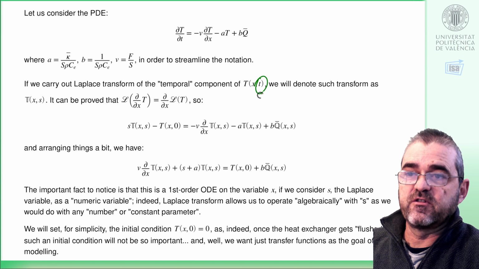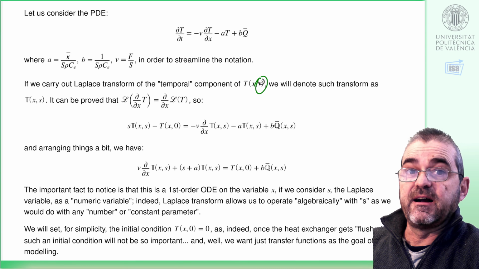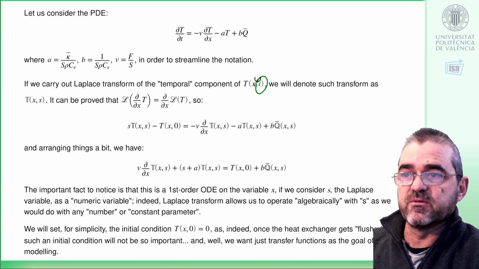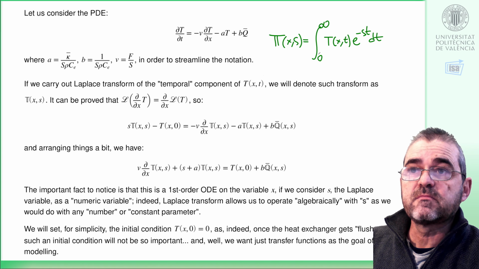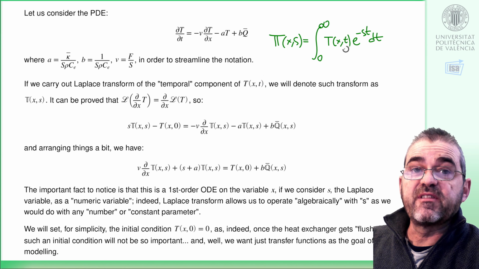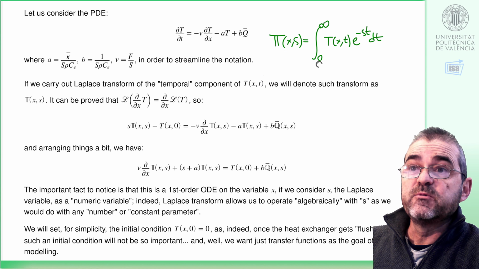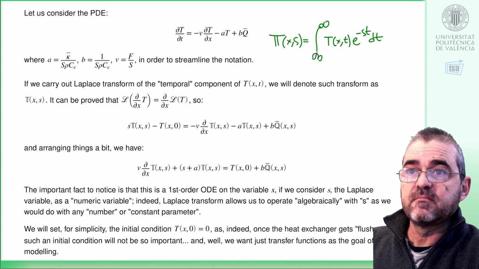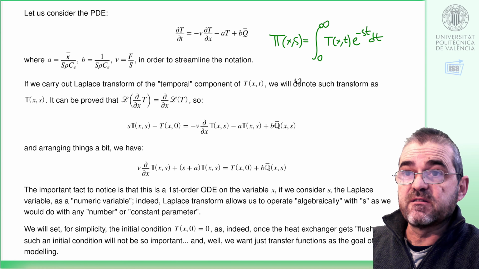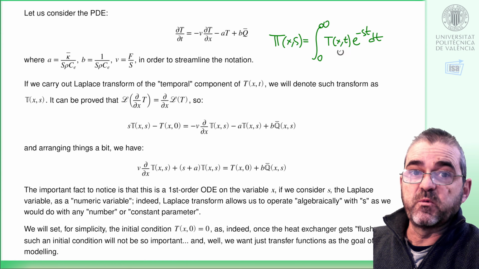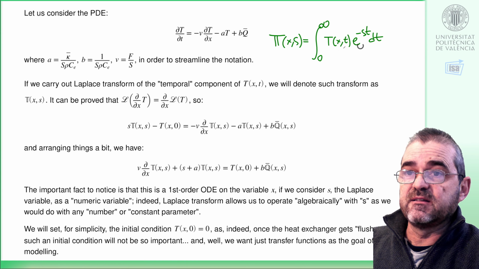So we use Laplace transform in the usual way that we control people are accustomed to do. The Laplace transform of the time component will be just this integral, as usual, in which x will be considered just constant when we are dealing with this integral.